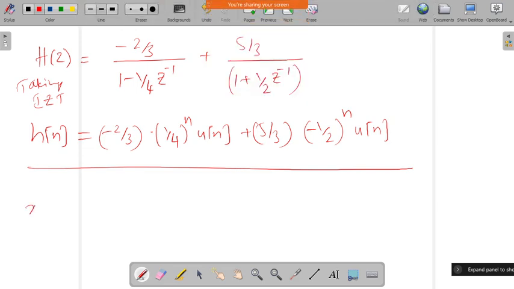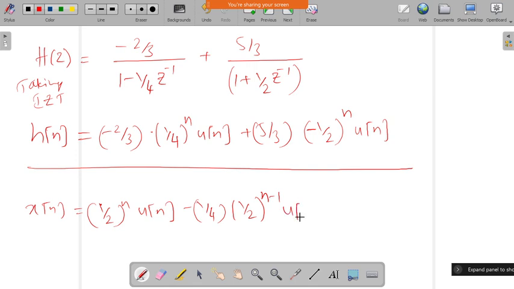So x of n is given as half power n into u of n minus 1 by 4 into 1 by 2 power n minus 1 into u of n minus 1.